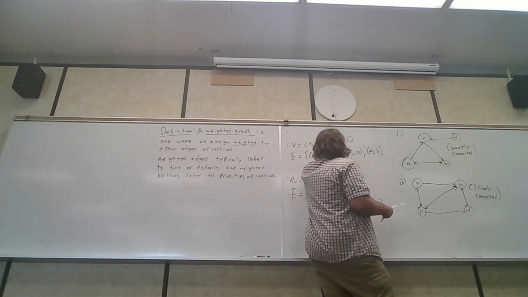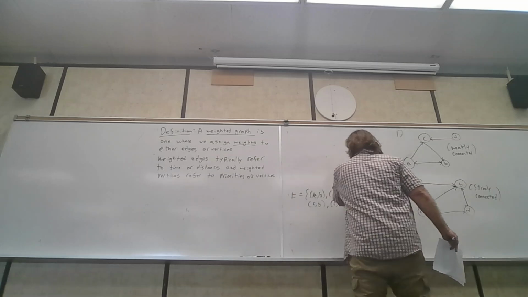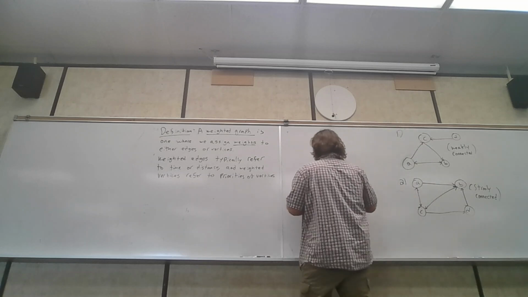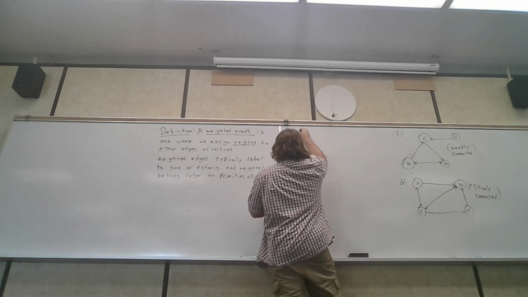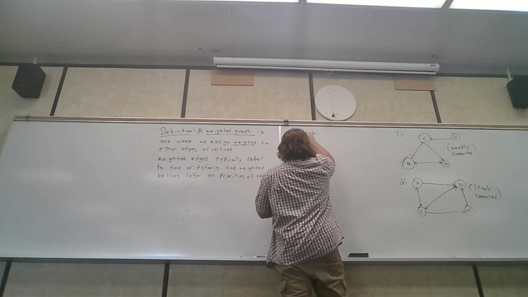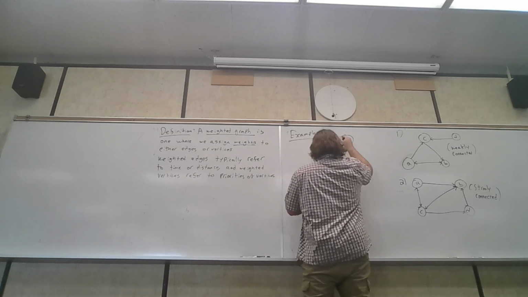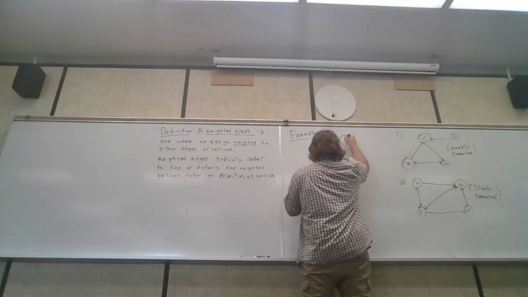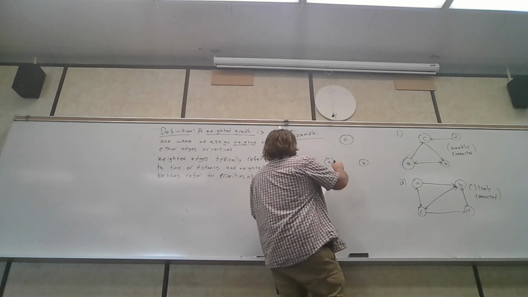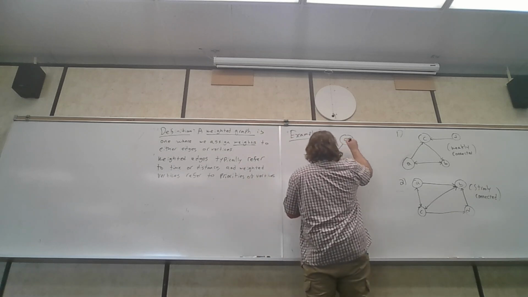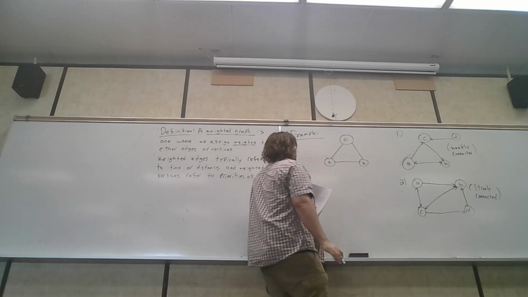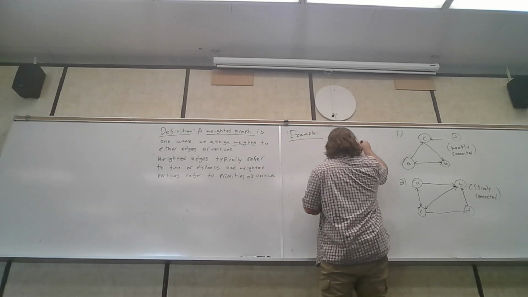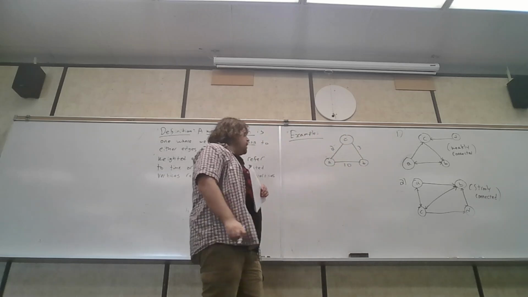So an example of a quick weighted graph is something like this: A, B, and C. The way we'd indicate weights on edges is we just simply put them on the edges, like this.